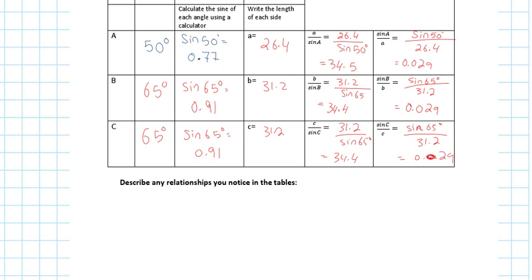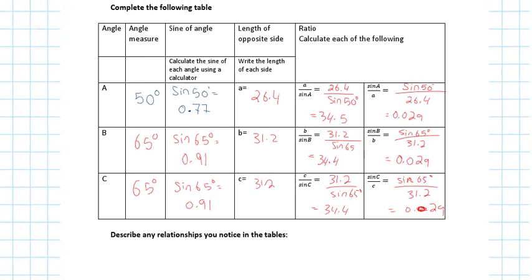All right. So let's look at all of these answers. What can you tell me about them? If I didn't round this, it was 34.45, so it was actually 34.4, and this is 34.4 and this is 34.4. So what do we notice about these ratios?